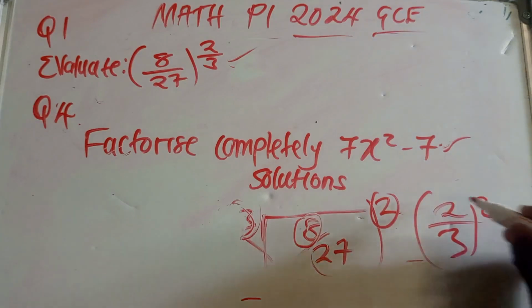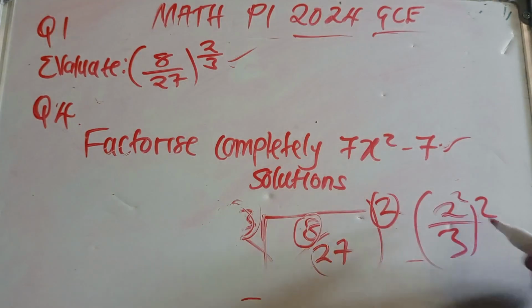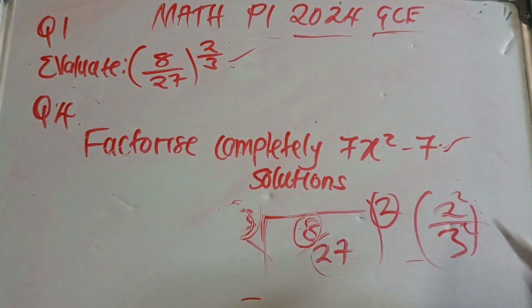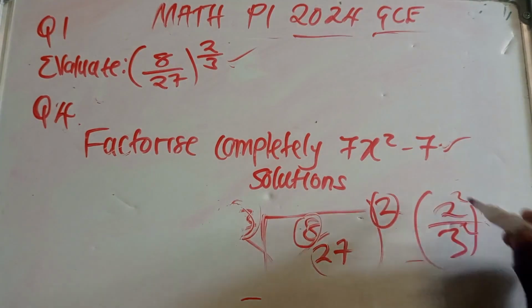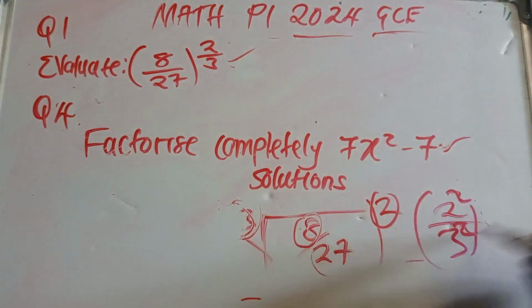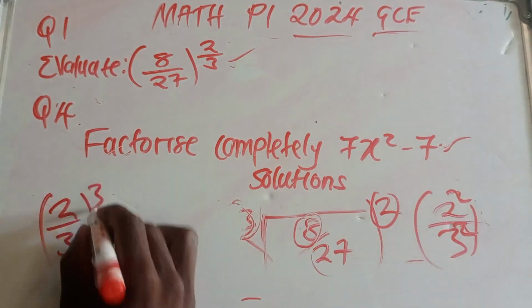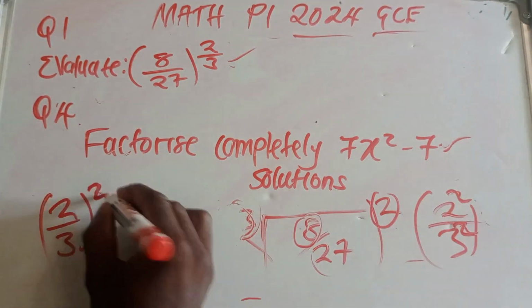So this is just the same as writing 2 raised to the power 2, 3 raised to the power 2. It's just the same as writing it outside. So this is 2 to the power 2, this is 3 to the power 2. So this is the expression. Let me just write it here, over 3 to the power 2.